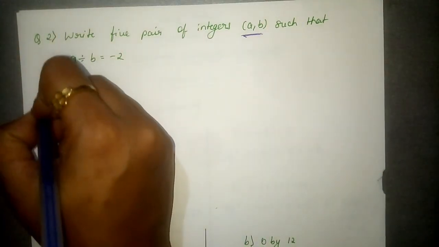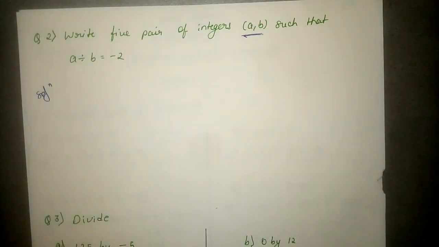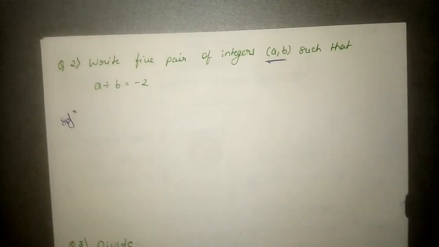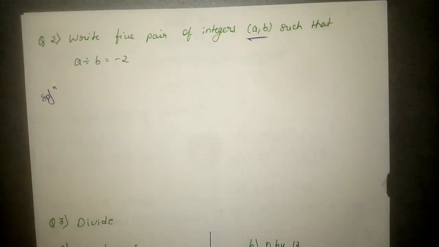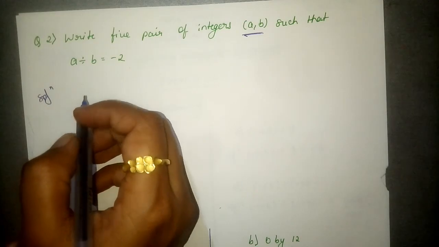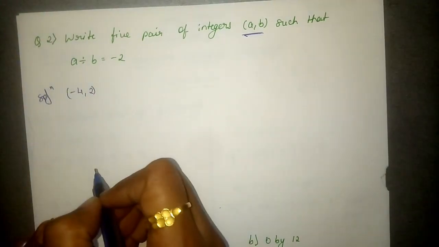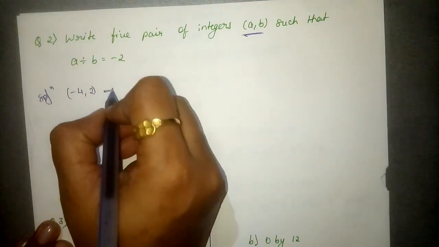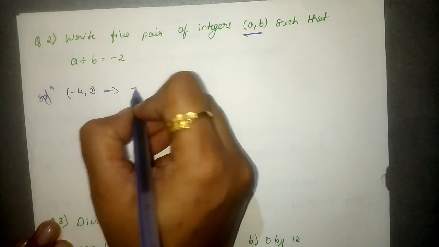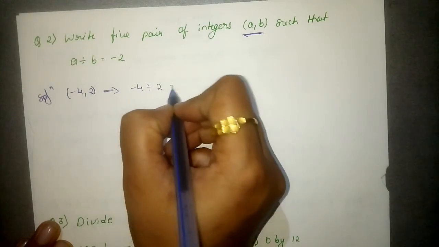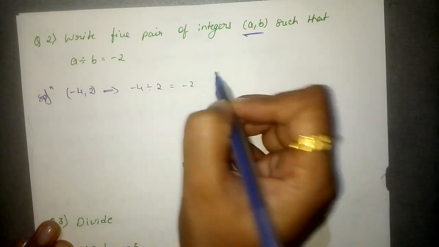So here we will take any two integers. First I will take the integers minus 4 and 2 in the form of a, b. So when I divide it, that is minus 4 divided by 2, I will get the answer as minus 2.